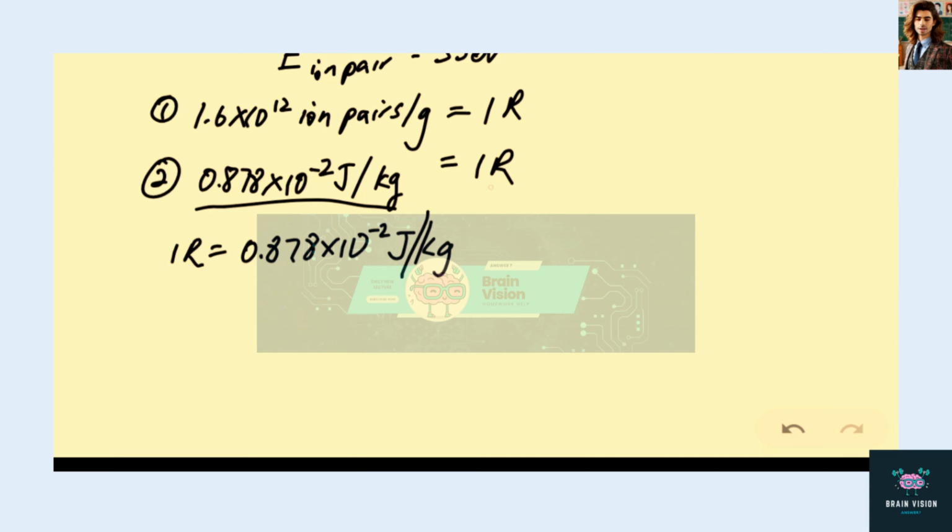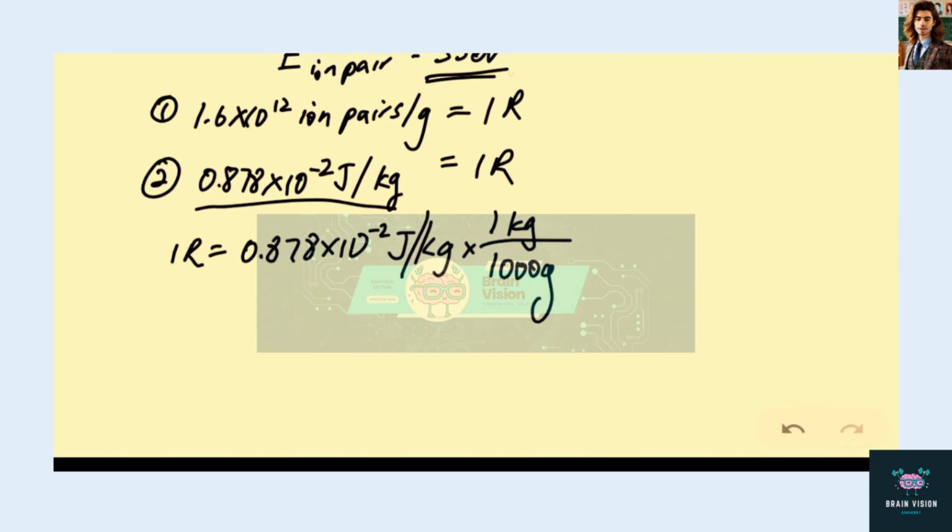We convert from kilograms to grams, right, by dividing by 1000. So that is multiplied by 1 kilogram per 1000 gram. And then we convert from joules to eV, right?